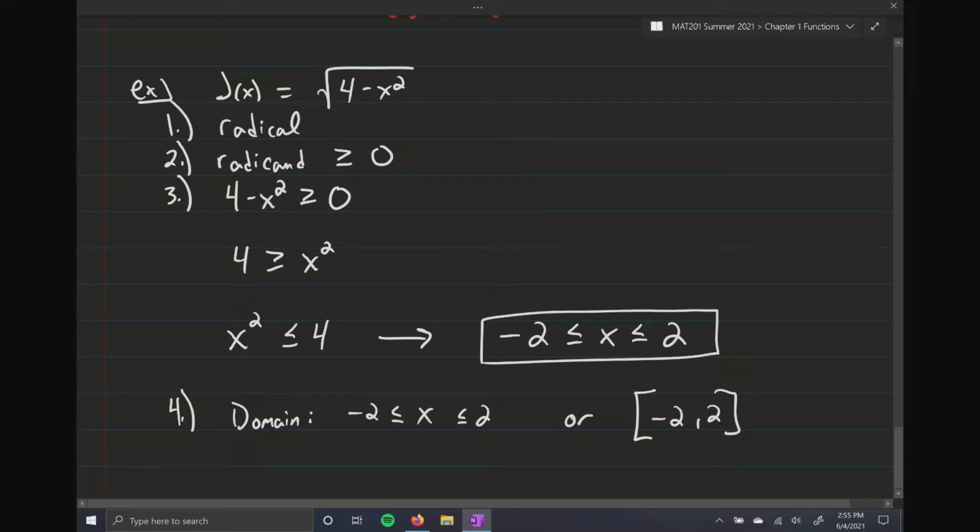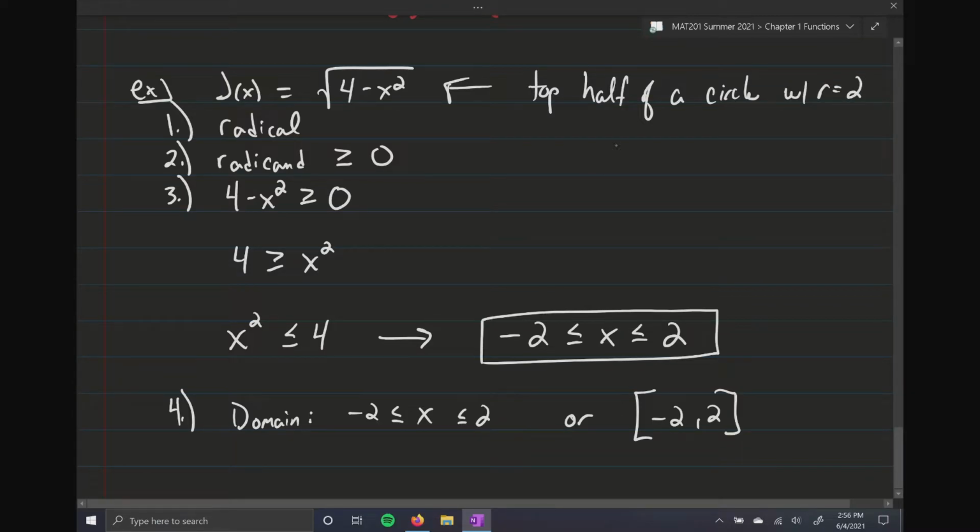And if you are really savvy and you recognize the type of function that we have, this is actually just the top half of a circle, with radius equal to 2.